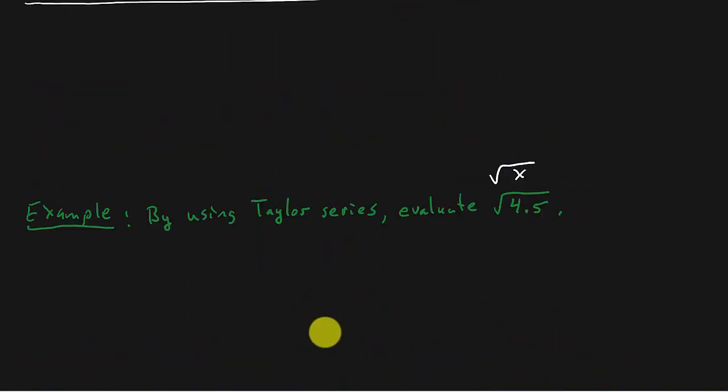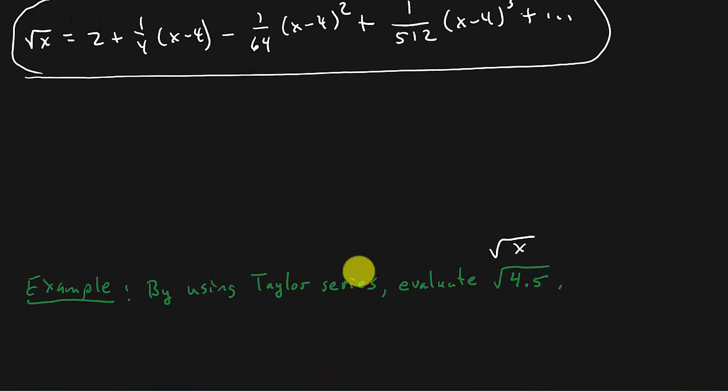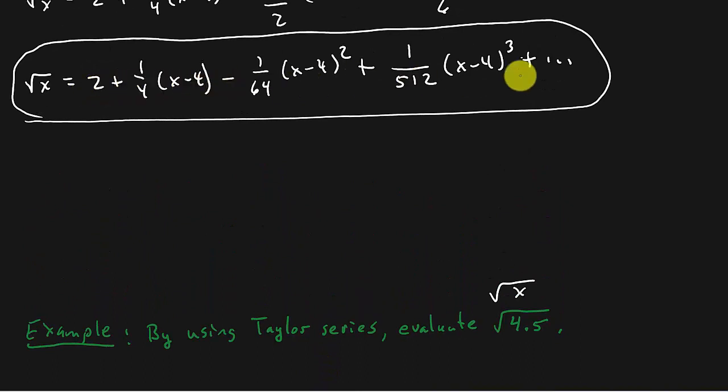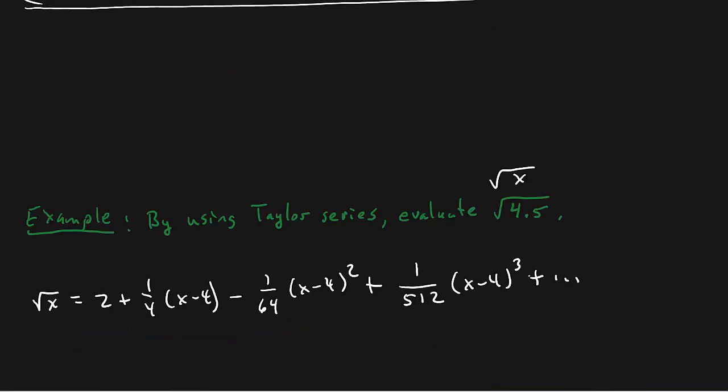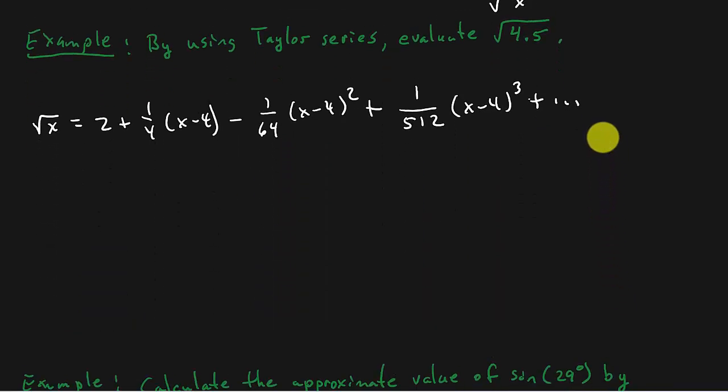All right. So let's just go ahead and copy this down real quick, and I'll pause the video while I do that. All right. So we've got the Taylor series for the square root of x, where a is equal to 4. So I have the square root of 4.5.